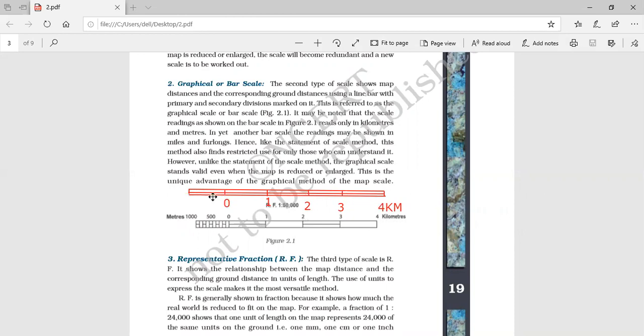Now for this small division, since from this line to this line all are equally divided, if from here to here it is 1 kilometer, obviously this portion is also 1 kilometer, and we know that 1 kilometer has 1000 meters. It means with this division only, we have to show 1000 meters.